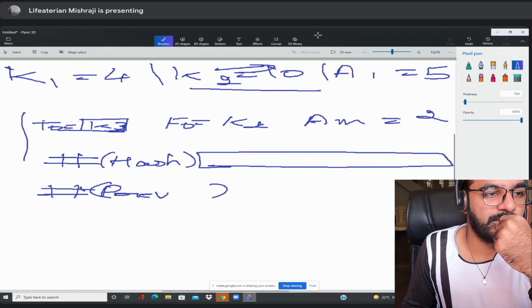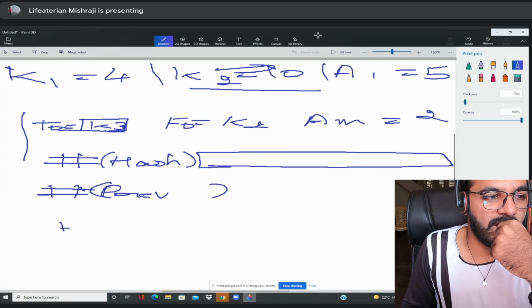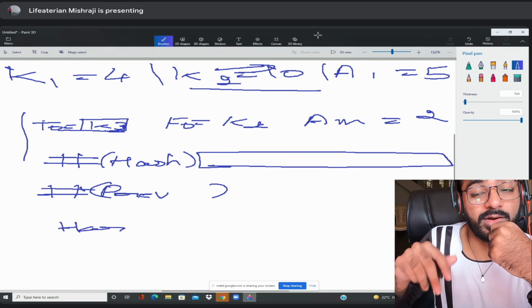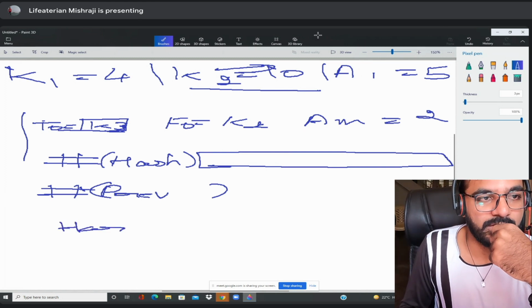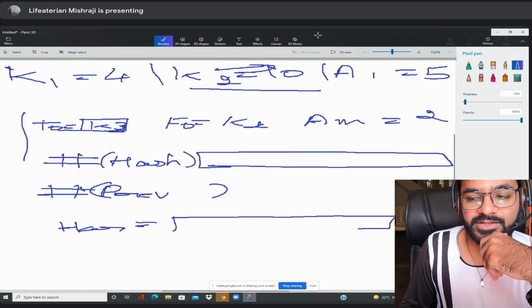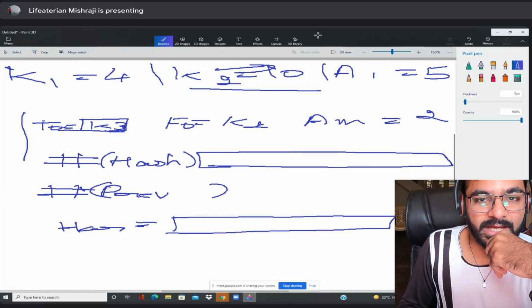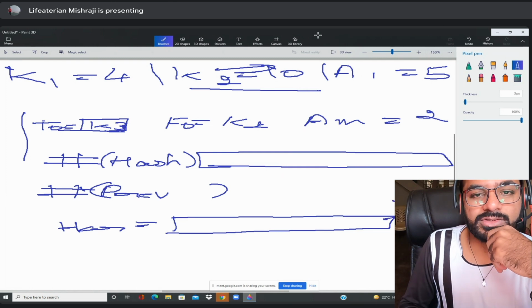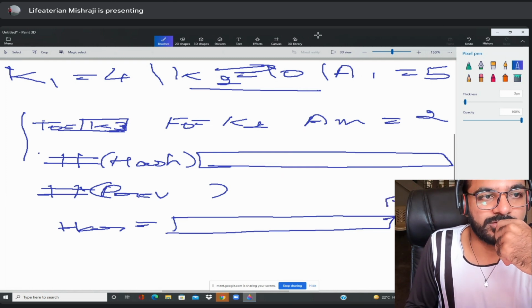What is this hash value? The hash value is the number of the previous transaction that was done. So every transaction you do is taken with some hash value, and that hash value then gives rise to the next transaction's hash values.